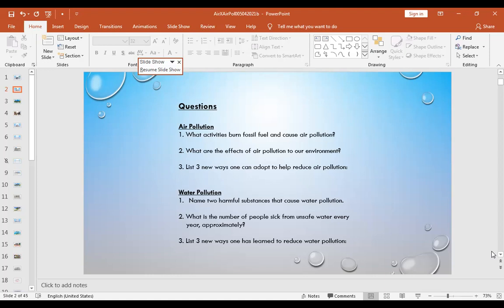About water pollution, number one will be to find out what are the 2 harmful substances that cause water pollution. At least those who cannot name any might find out from here today. Number 2, what is the number of people who fall sick from unsafe water every year?